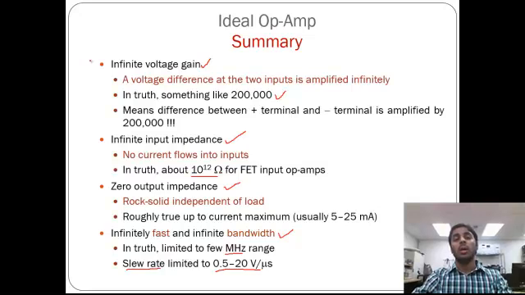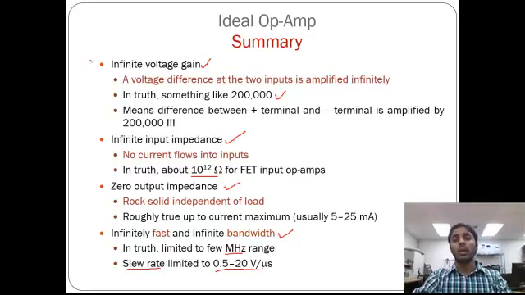Meaning that if you apply a VCC of 15 volts, we are expecting the maximum output voltage to be 15 volts. But in reality, the maximum output voltage you will get is 14 volts or close to 14 volts. You are not going to get 15 volts. Ideally it is a 15 volt output for a 15 volt source, but practically you will get 14 volts for a 15 volt source.